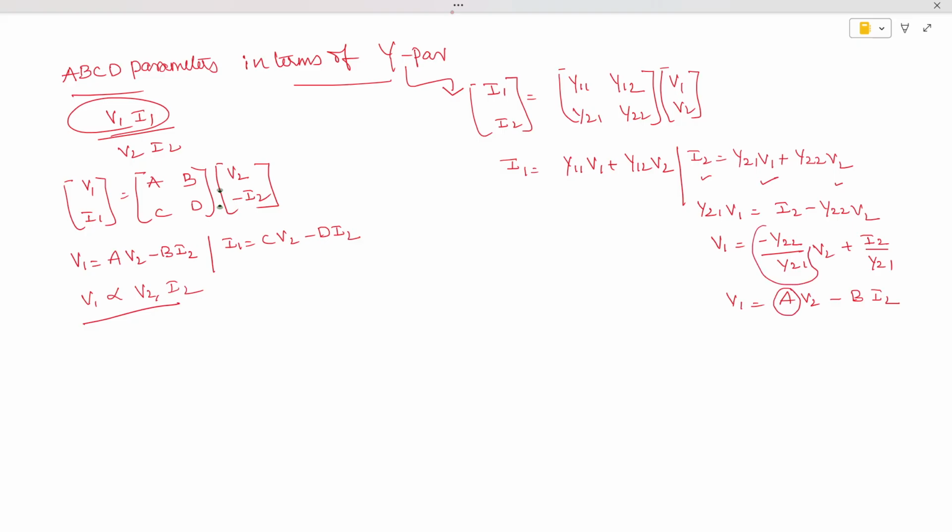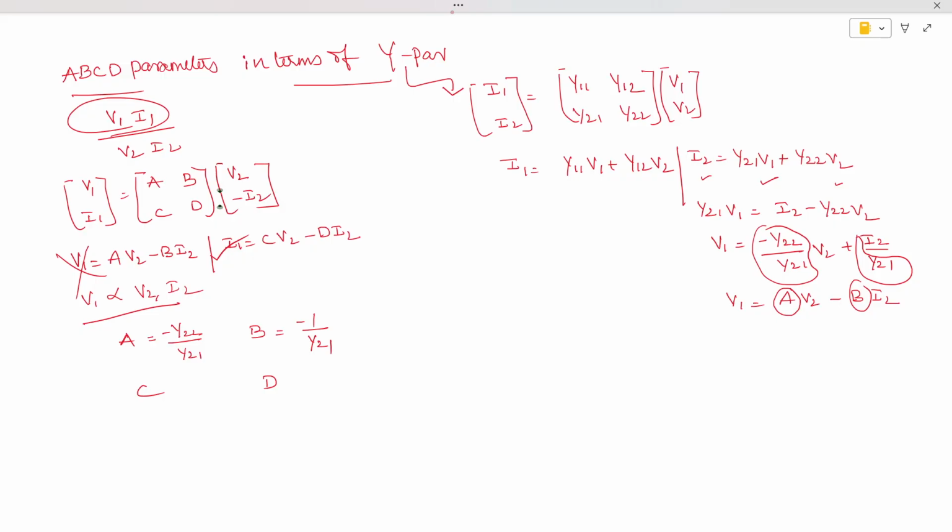The value of A is this value. What is the value of B now? This is the value of B. Therefore, the value of A and B in terms of Y parameters is A equal to minus Y22 divided by Y21, as well as the value of B is minus 1 divided by Y21. So now when you see this equation, V1 is completed.